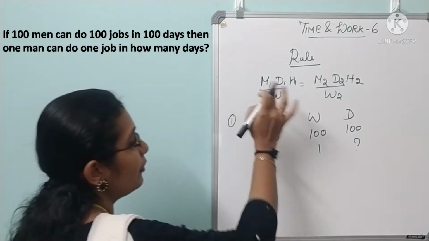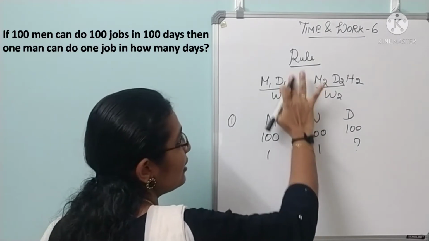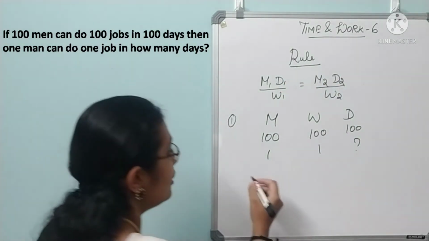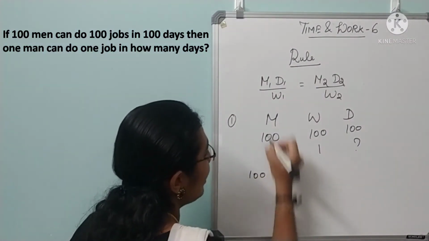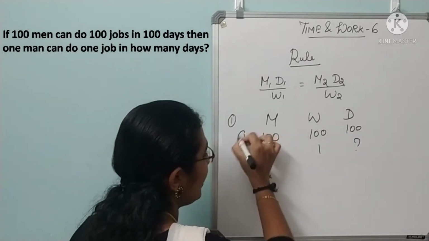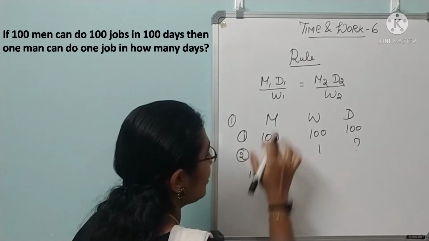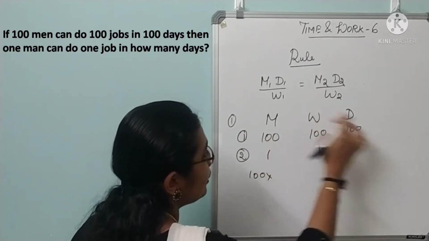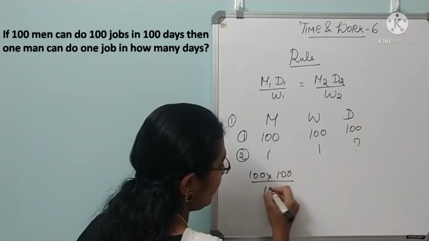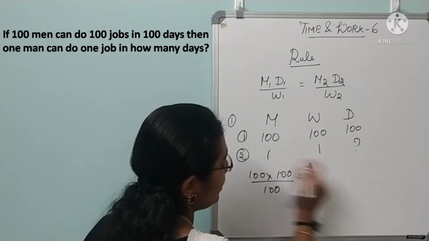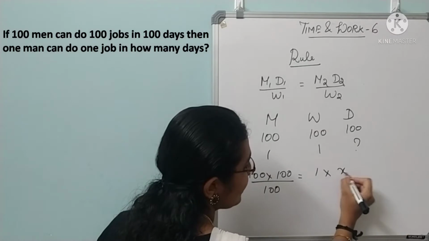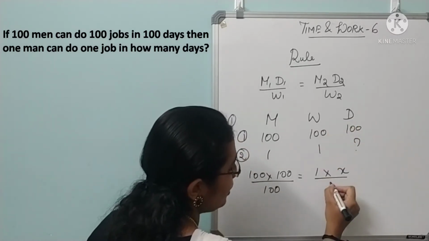So simply go with this formula. Just take hours out because there is no hours mentioned in our question. So 100 men, 100 into D1, that is 100, divided by work 100, is equal to M2 which is 1, into D2 which is the question mark, so you can keep it as X, by W2 which is 1.